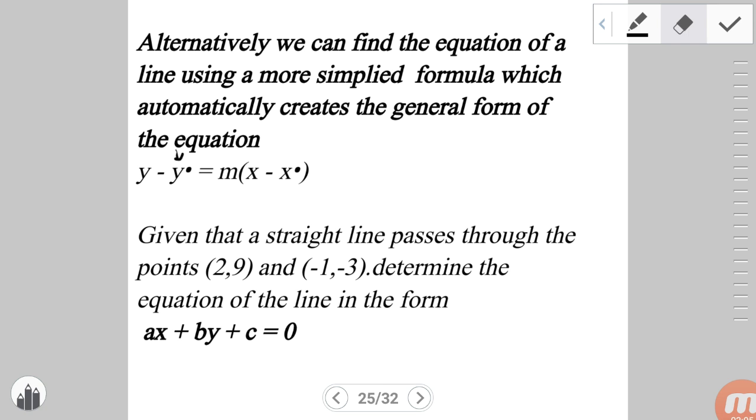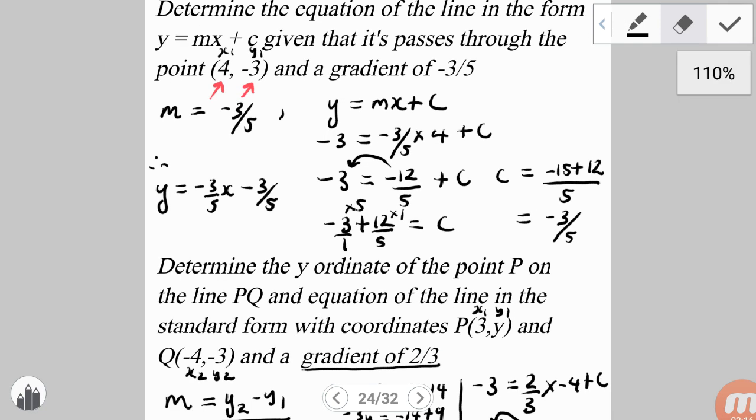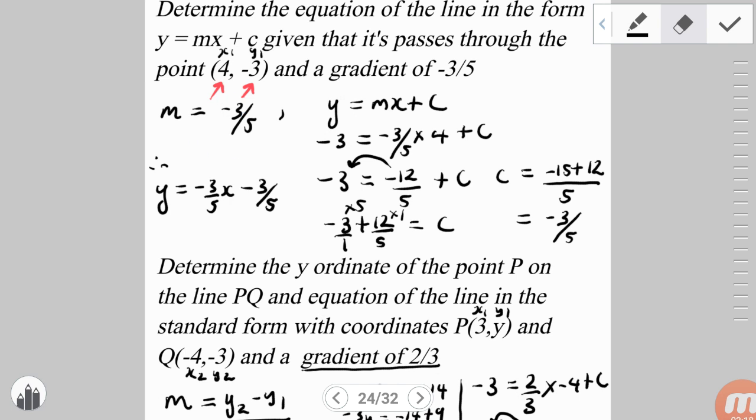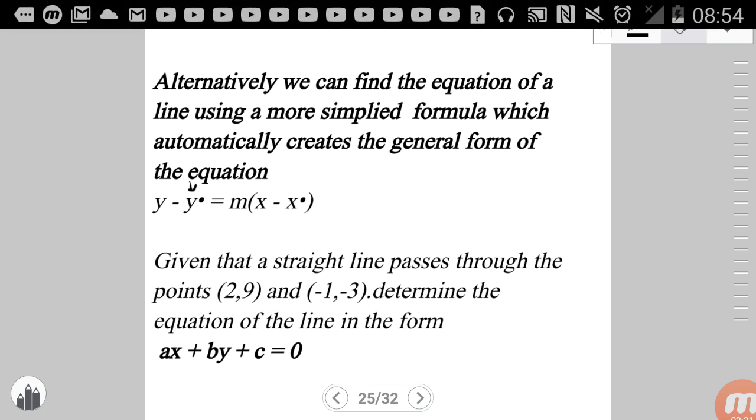We are able to calculate the equation of the line automatically, and we're also able to calculate the y-intercept automatically. As you can see on the previous screen, we had to calculate m, we had to insert m into the formula. Then we calculated c, and then we had to draw a conclusion. I feel like that's a lot of work to do when we have this method that can kill two birds with one stone. So that's what we're going to be looking at.